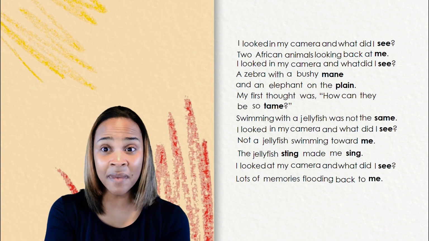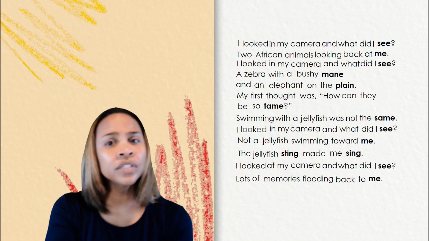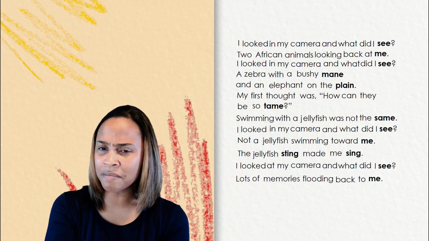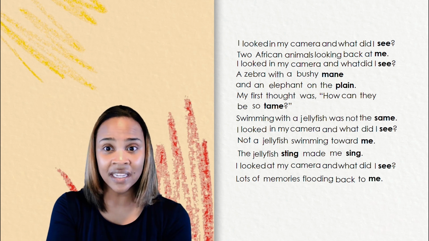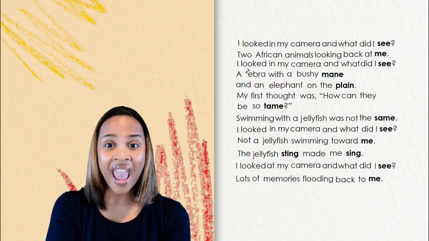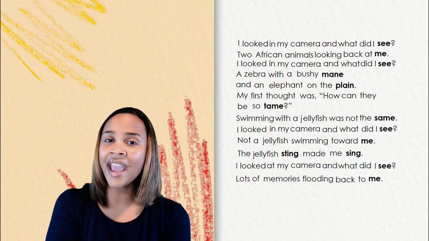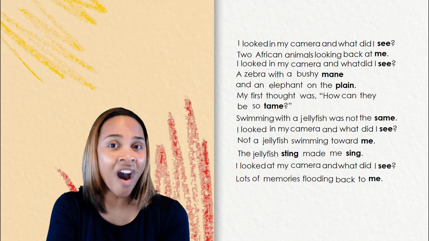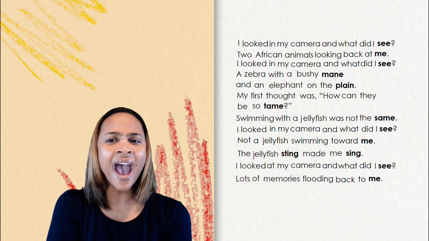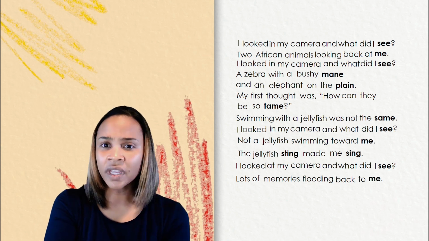I looked in my camera, and what did I see? 2 African animals looking back at me. I looked in my camera and what did I see? A zebra with a bushy mane and an elephant on the plain. My first thought was, how can they be so tame?